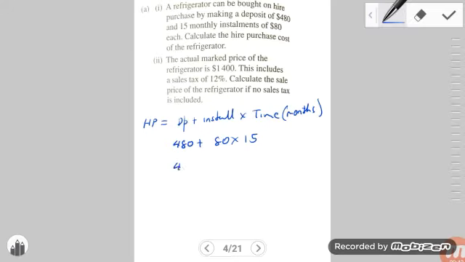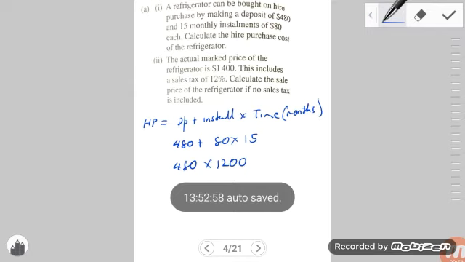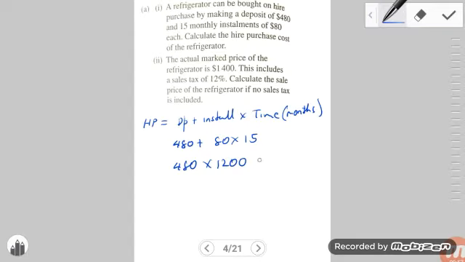So that's going to be 480 plus 80 times 15. So that's going to be $1,200. Let's just double check on that. 15 multiplied by 80 is $1,200. And if we add those together, we're going to get $1,680. That's going to be the hire purchase price on this refrigerator.